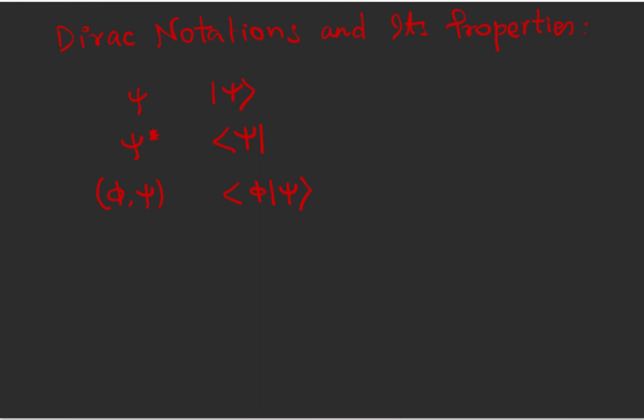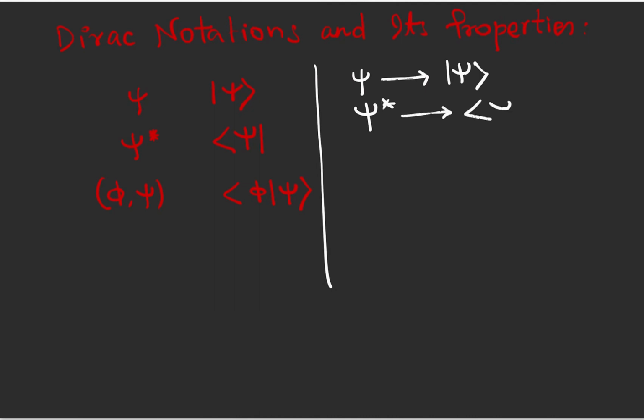That is, we represent the state vector by the ket psi, its complex conjugate psi star by bra psi, and the inner product of phi with psi by bracket. Further, when a ket or bra is multiplied by a complex number, we also get a ket or bra respectively.